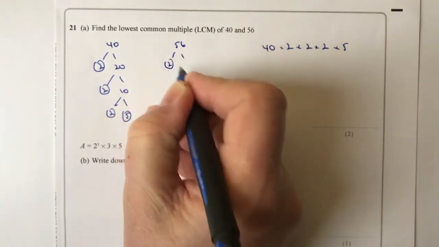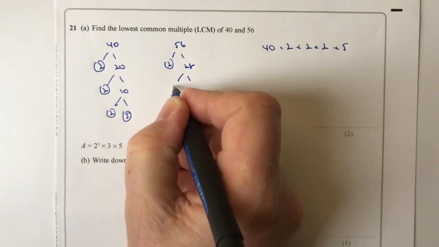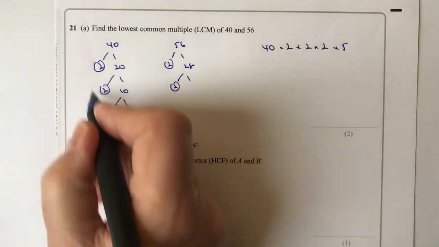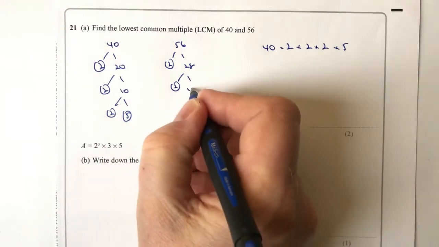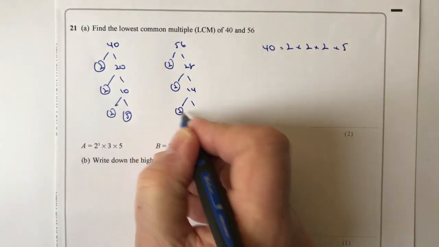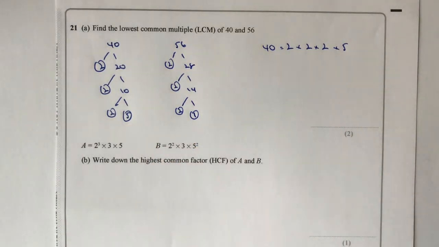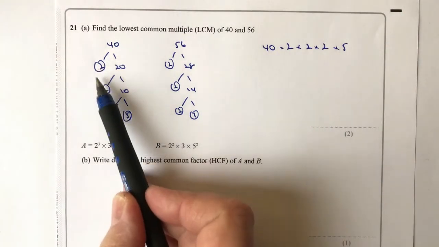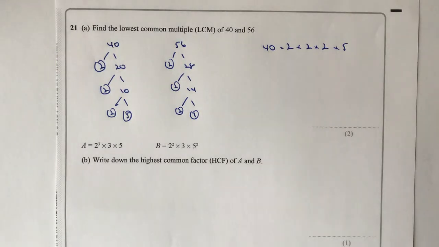Now you'll notice that I quite like writing the prime factor on the left-hand side. It makes this kind of pattern which just makes my life a little bit easier to see exactly what's going on with working out the prime factors. Can you see here that I've done them both exactly the same way?